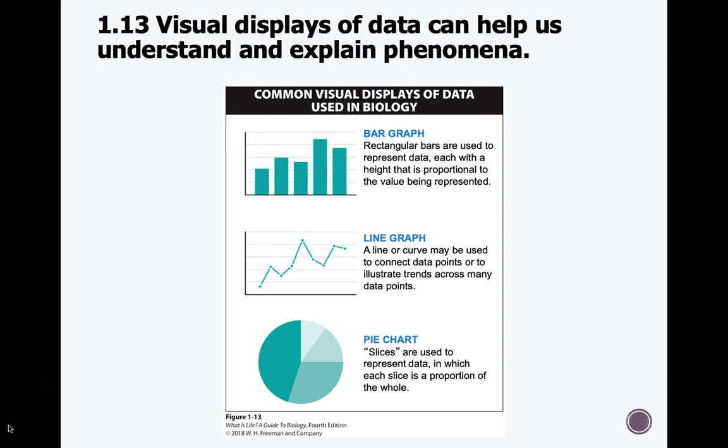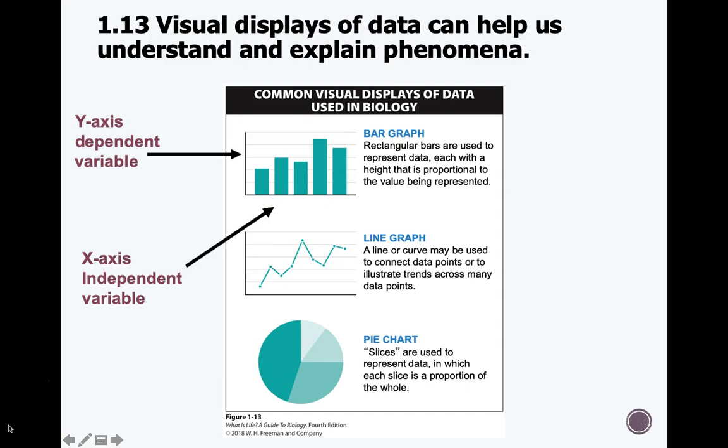So a bar graph might be used to show the number of tornadoes in each month, whereas a line graph might be used to show over several years how the number of tornadoes has increased, something like that. A pie chart shows proportions.